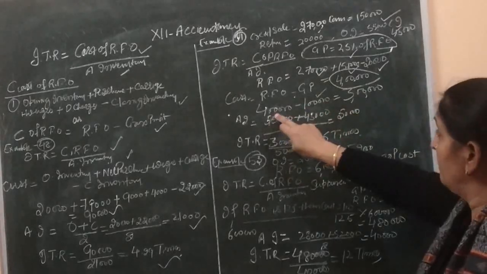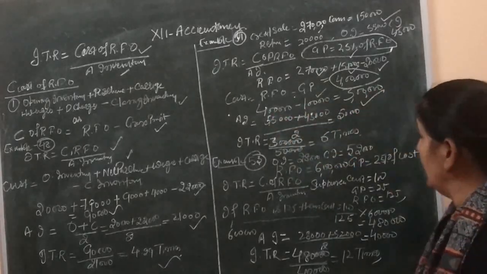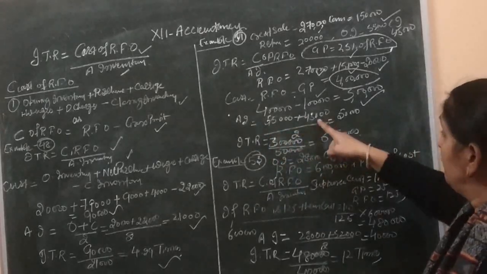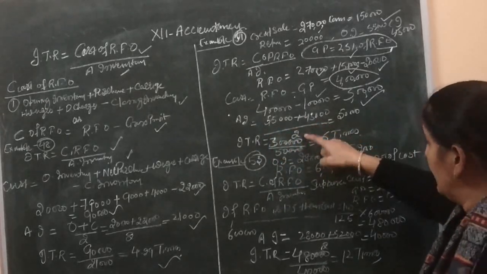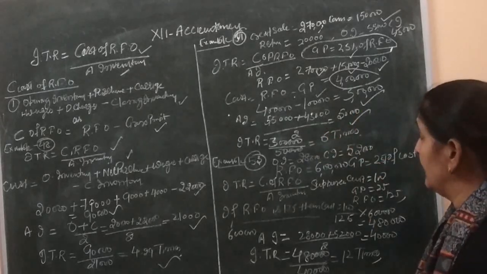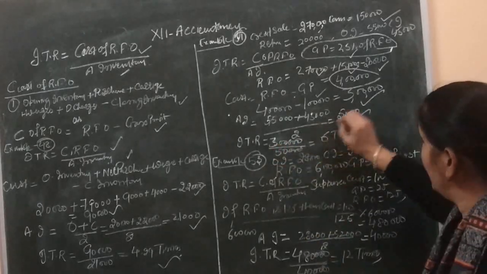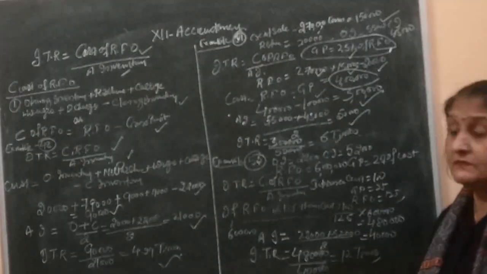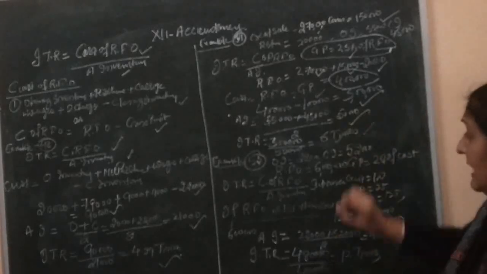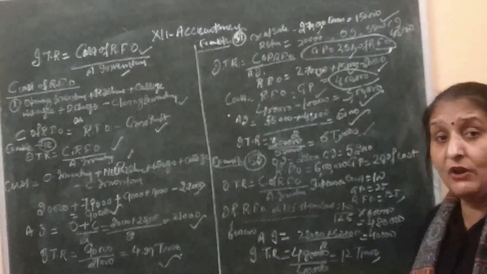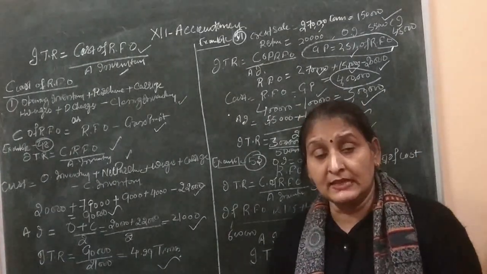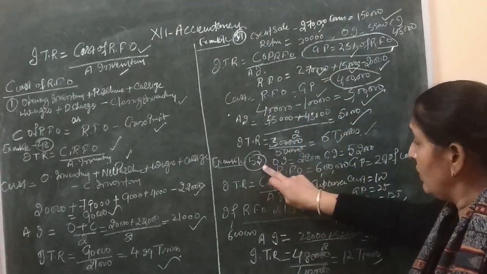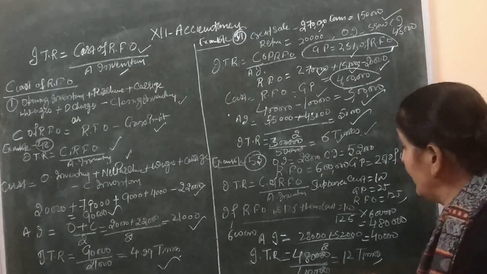So the cost is 4 lakh minus 1 lakh, that is 3 lakh, and the average inventory is 55,000 opening plus 45,000 closing divided by 2, that is 50,000. The inventory turnover ratio is 3 lakh upon 50,000 equal to 6 times. This is the answer of ITR, and for all turnover ratios, the answers will be given in times.